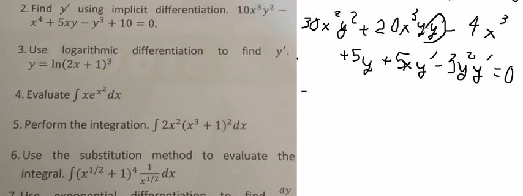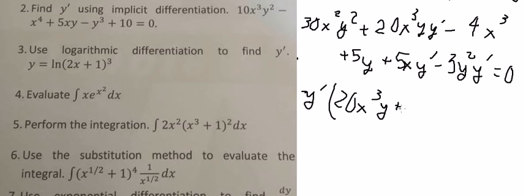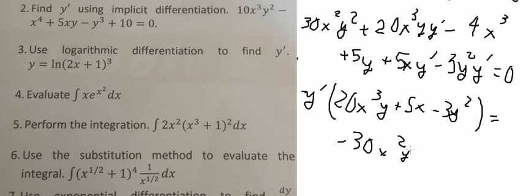Now, we have the first derivative of y. We need to do factorization. The terms that don't have the first derivative of y, we move to the right. So you get negative 30x squared y squared plus 4x to the power of 3, and we have negative 5y.